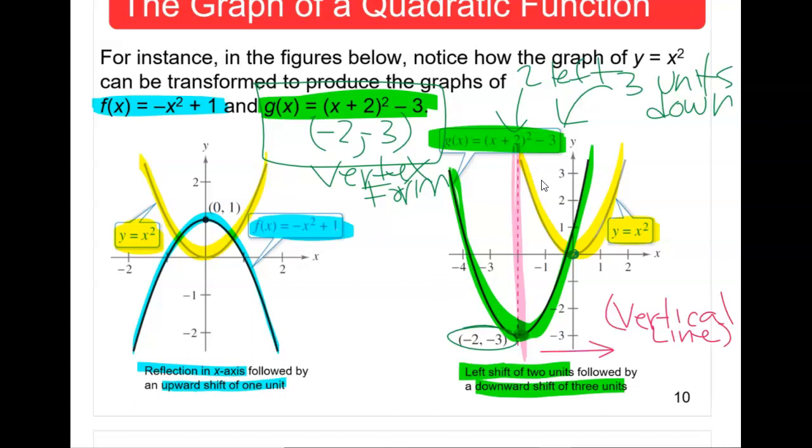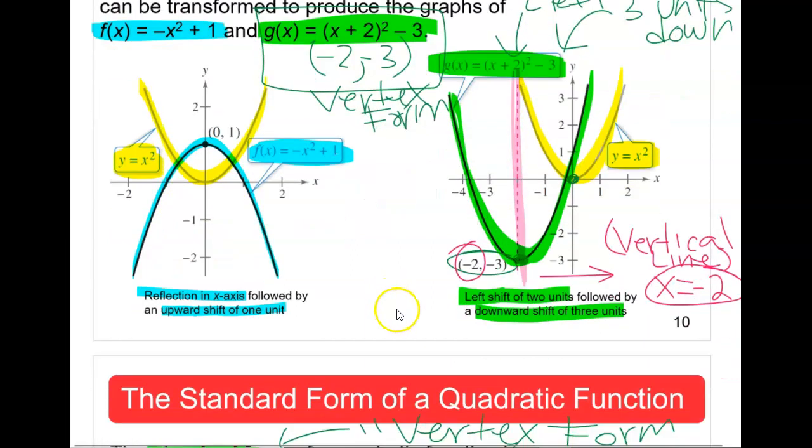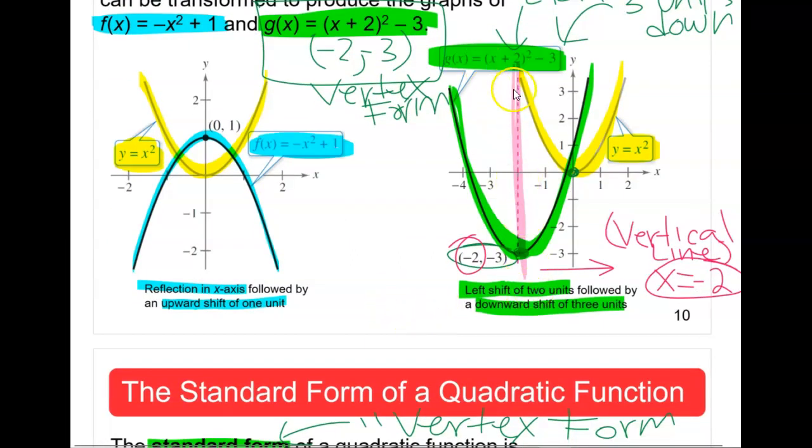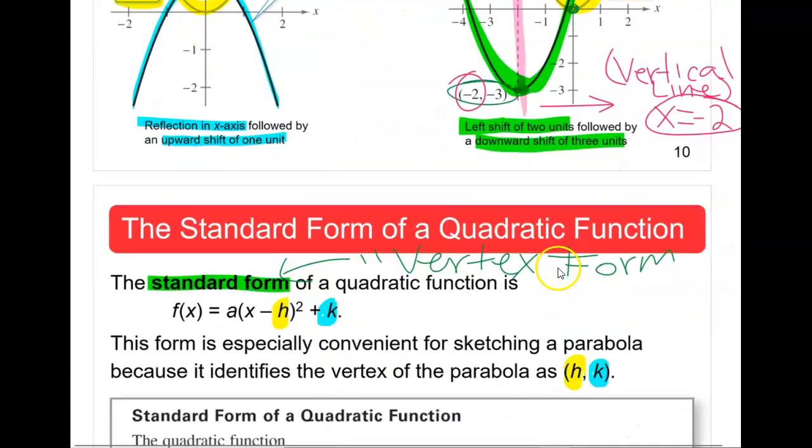is going to have an equation like x equals a number. And that number just happens to come from the vertex, the x-coordinate of the vertex. So that is going to be the line that the parabola, or the quadratic function, is symmetric with respect to, meaning that you can fold your parabola right along the axis of symmetry and you will have the exact same thing on both sides.